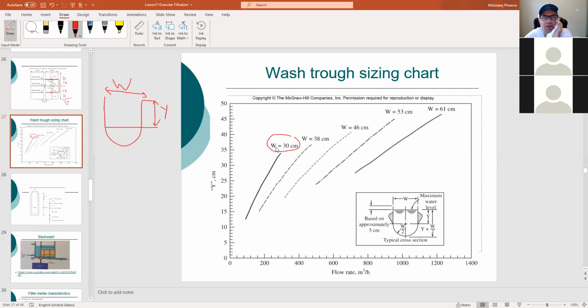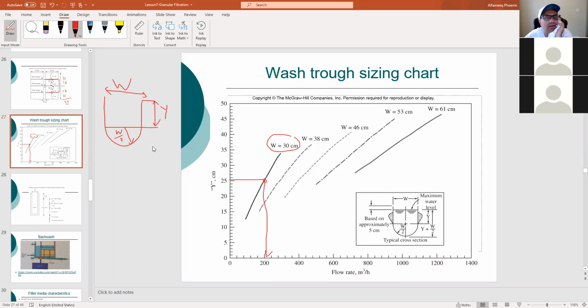So if you decide on w, and you decide on y, let's say 25, they're going to tell you how much flow rate is inside it, how much water it can take. Then the rest is just W divided by 2, the radius.